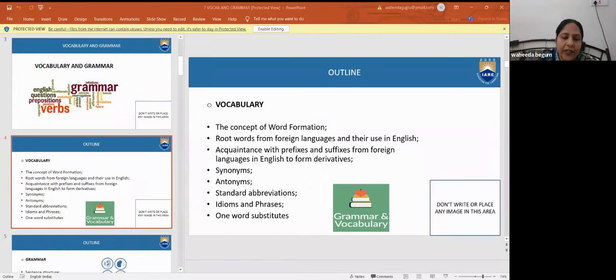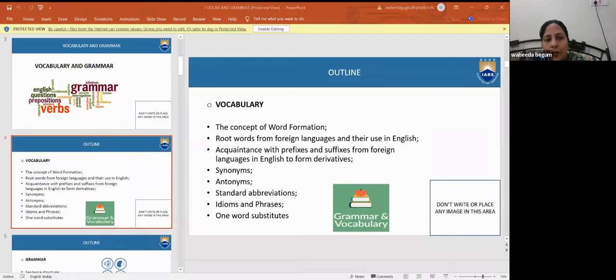We talked about root words. Then compounding, blending, and then acronym, loan words, and also neologism. These are the 6 main methods of word formation, that is, making words into our dictionary.